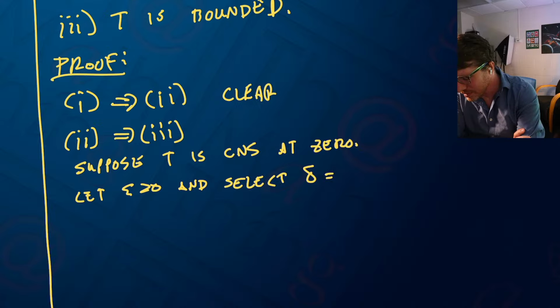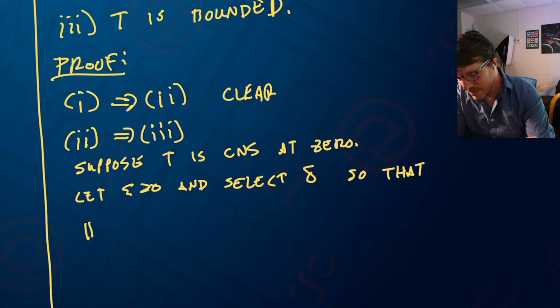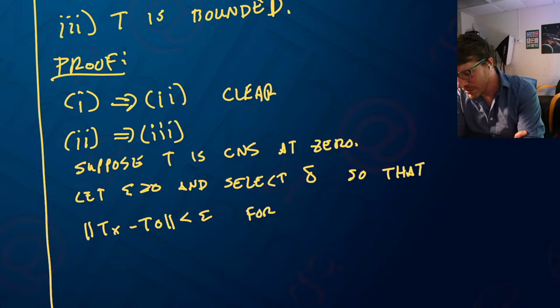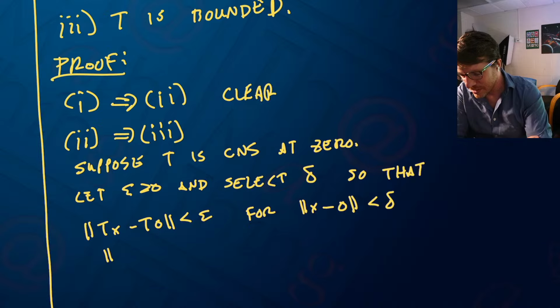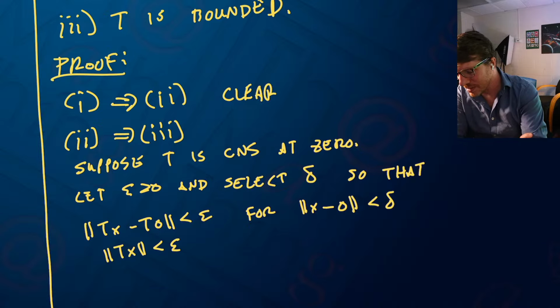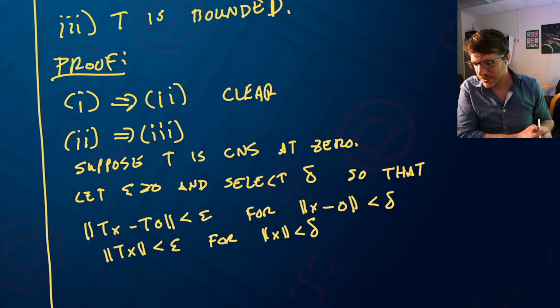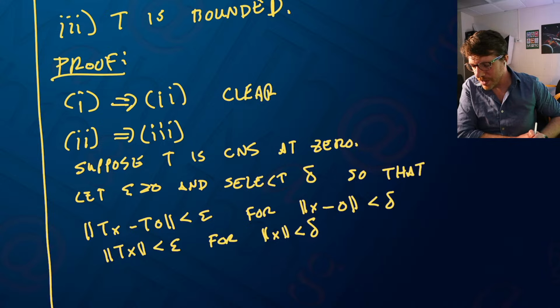Let's select delta so that the norm of Tx minus T0 is less than epsilon for norm of x minus 0 less than delta. Or since T of 0 is 0, that's basically saying that norm of T of x is less than epsilon for norm of x less than delta. Okay. So now I just need to come up with the right bound.